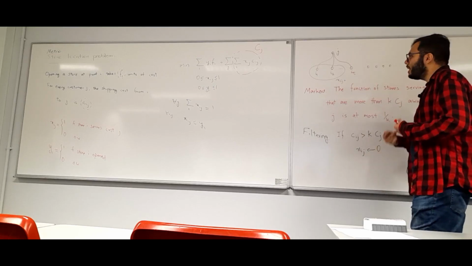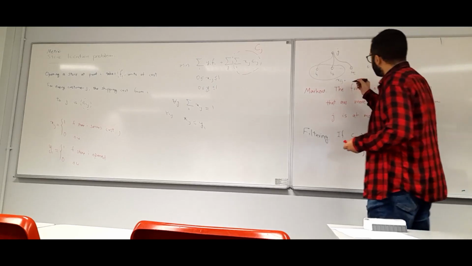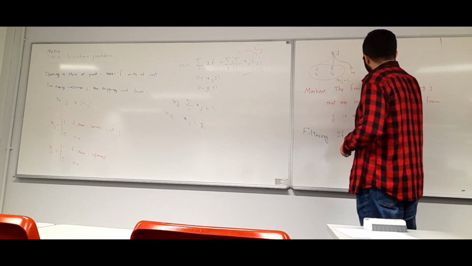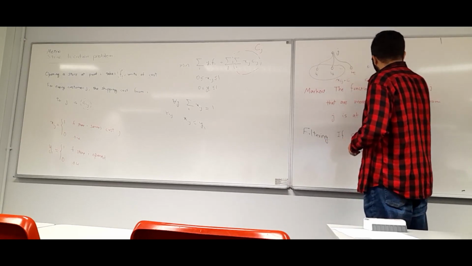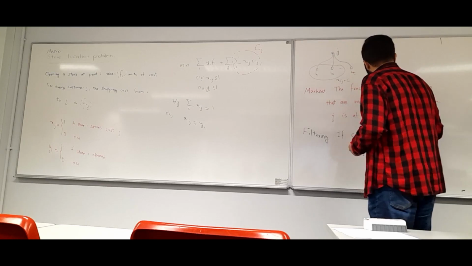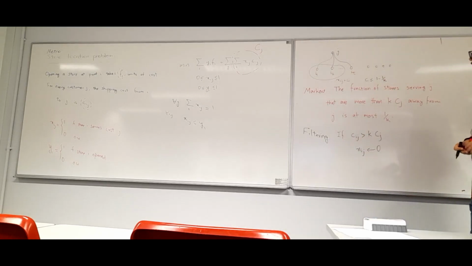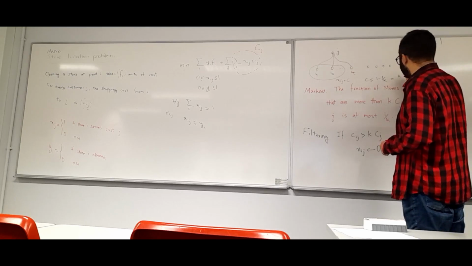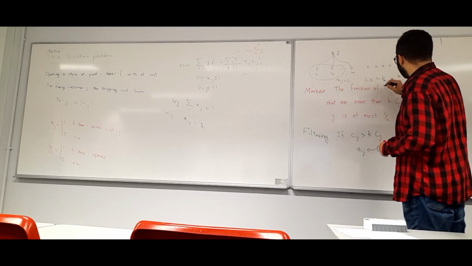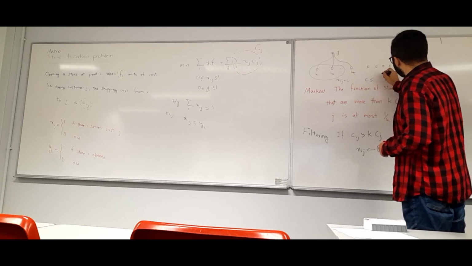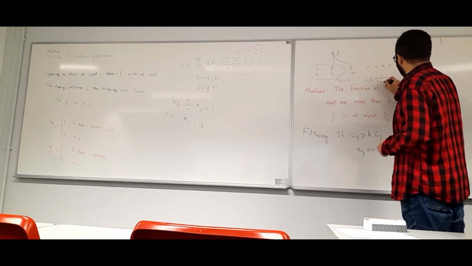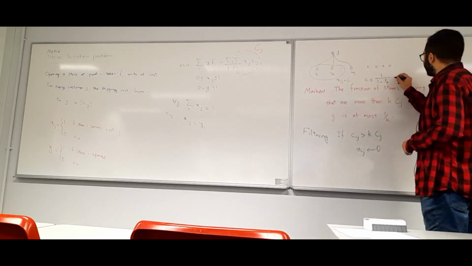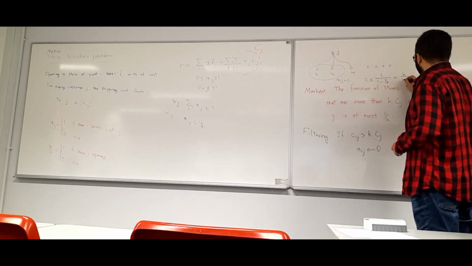But I know that I'm multiplying it by something. Let's call it C. And this C is at most 1 over 1 minus 1/K, which is K over K minus 1.